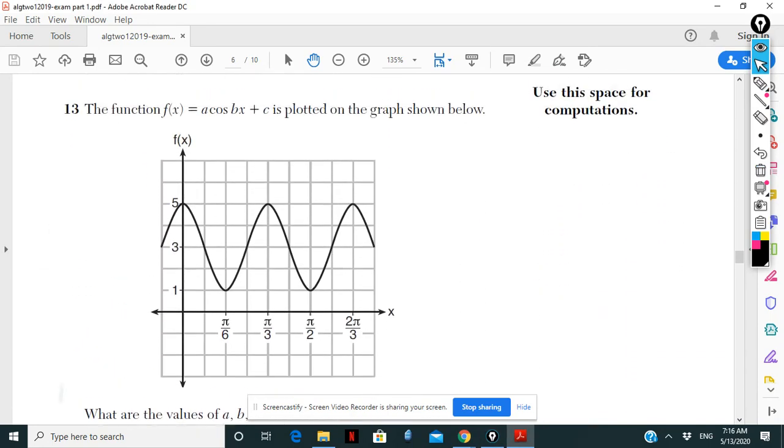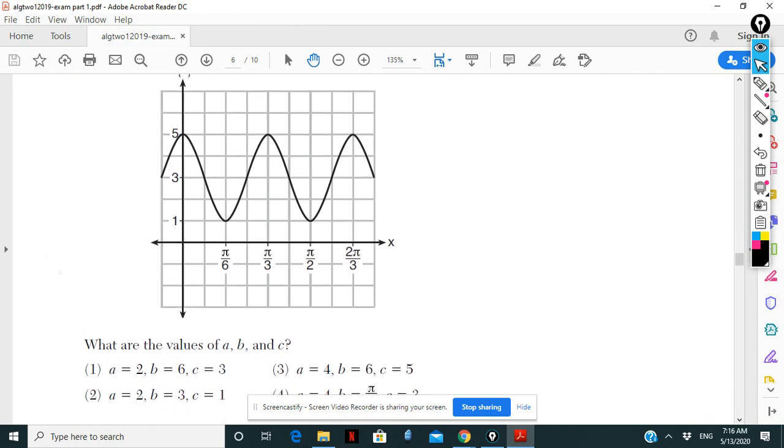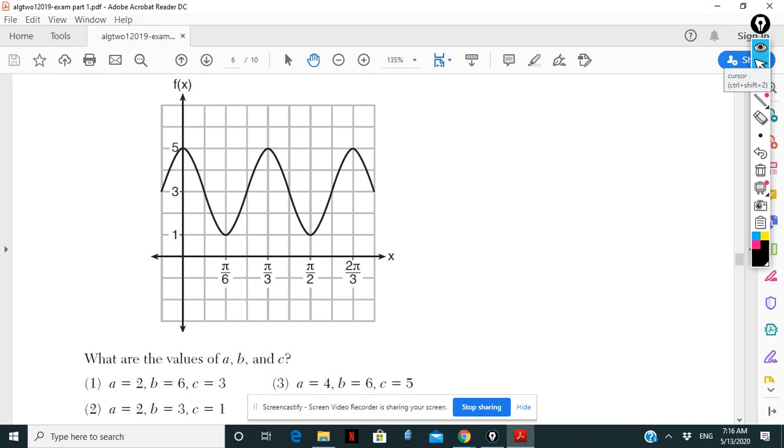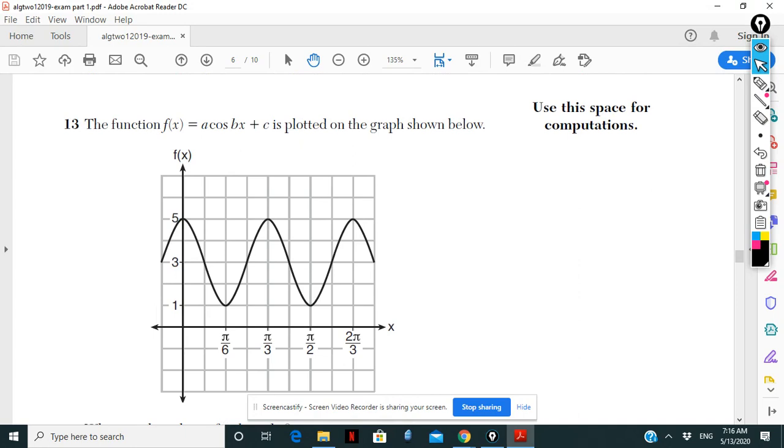Question number 13. The function f(x) equals a cosine bx plus c is plotted on the graph shown below. What are the values for a, b, and c? So what does a represent? First, I have to know the midline.